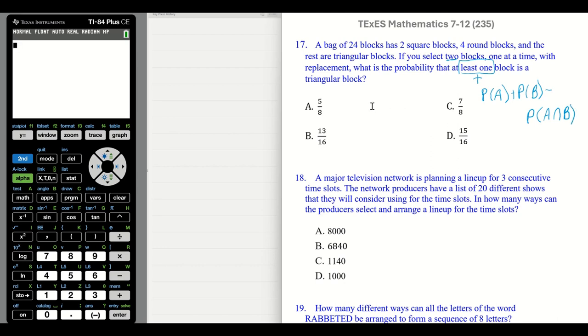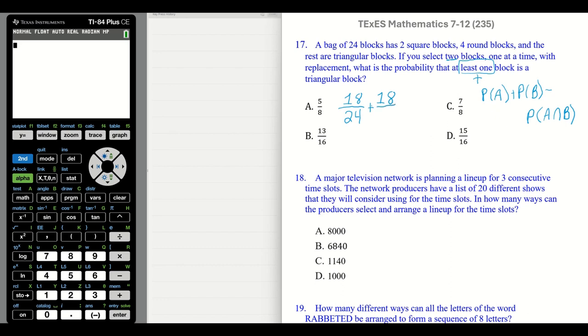So our initial probability, we're talking about triangular. Well, that's 24 minus 6, which is 18. So on the first event, we have 18 out of 24. And because of the type of problem, we use the same probability again.